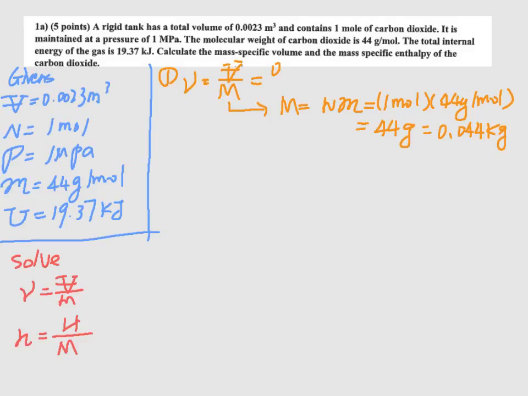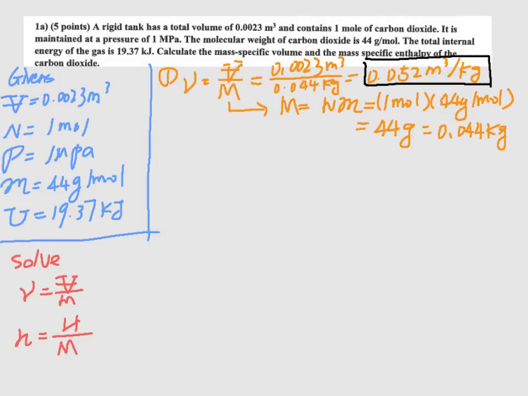So the volume is 0.0023 meter cubed divided by the mass, which is 0.044 kilograms. And this gives us the mass-specific volume, 0.052 meter cubed per kilogram. Since this is one of our final answers, I'm going to box this.